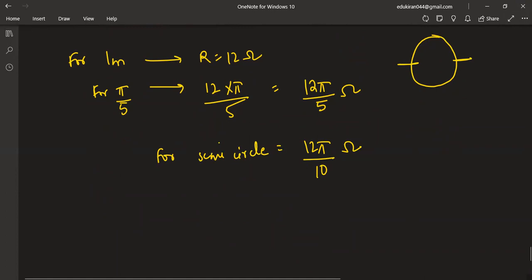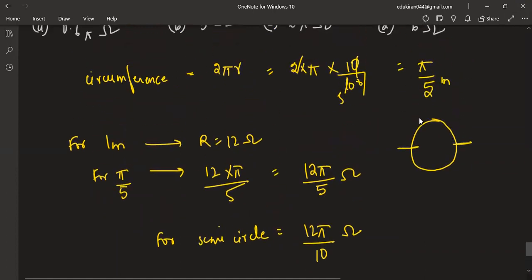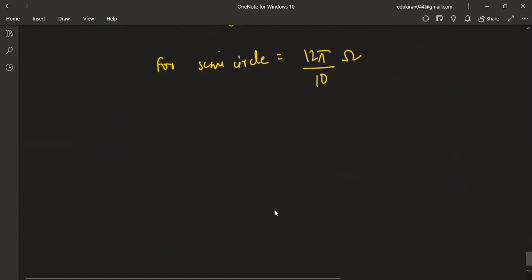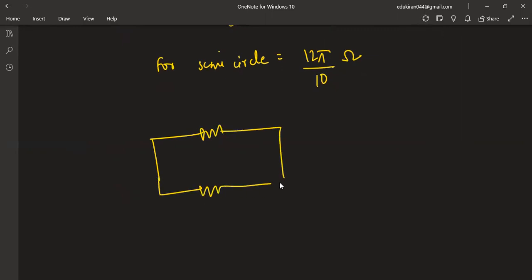So now see, this portion is 12 pi by 10 ohm, and this portion is also 12 pi by 10 ohm. Instead of drawing it like this, we'll draw it in the systematic manner, the way we draw parallel circuits. Then your question won't look difficult. This is 12 pi by 10, this is 12 pi by 10, and here is your A point, here is your B point.